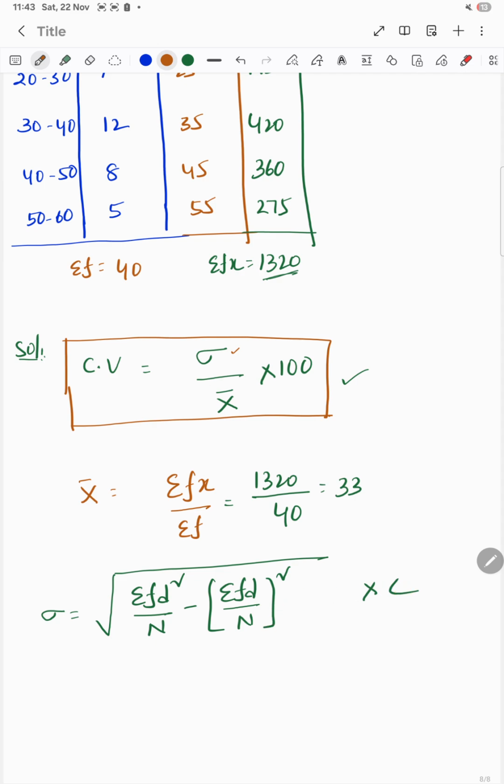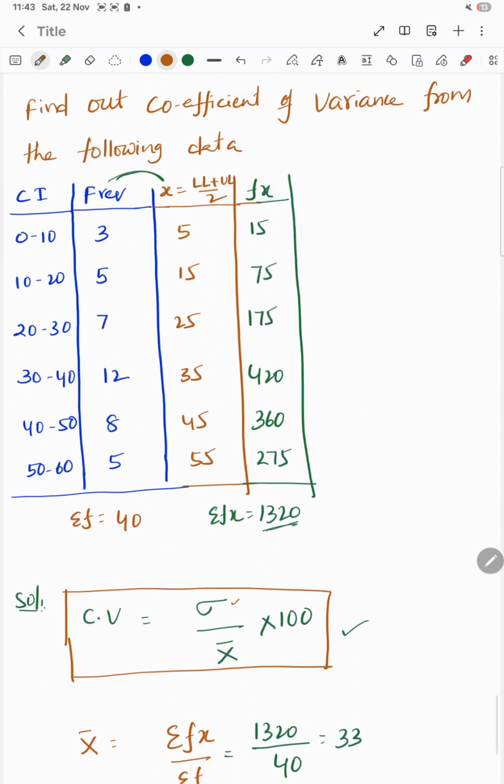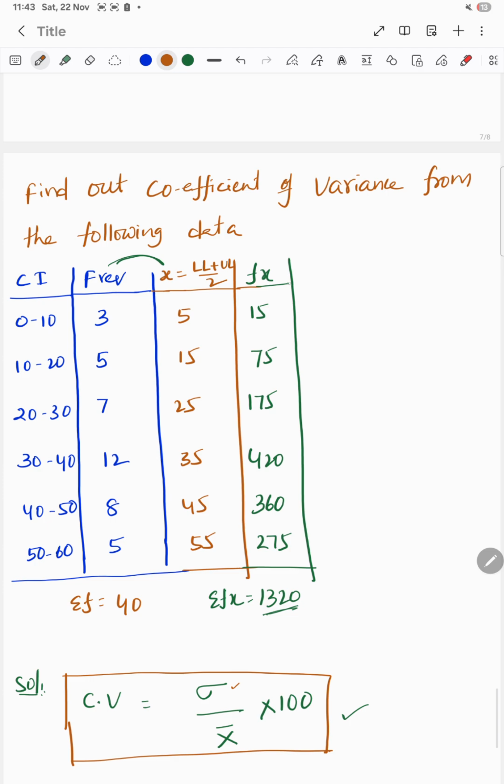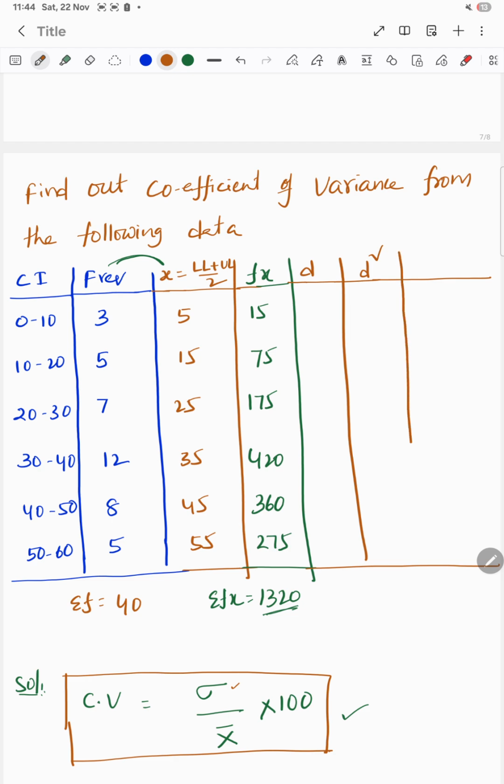C means class interval, that is 10, and d we have, but d square we need to calculate, and most importantly our requirement is f into d square. That's why in the next column we go for d, then d square, after that f into d, and next fd square. These are our requirement.